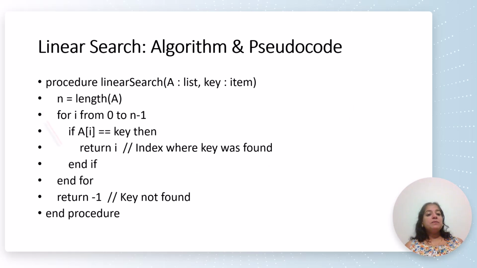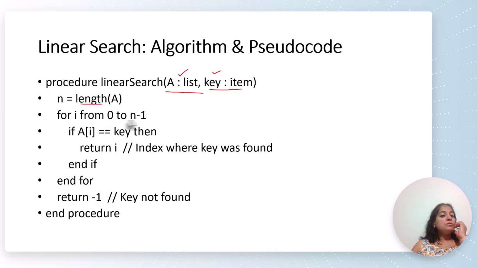The algorithm is simple. It takes two arguments. One is the list or array in which you want to find the element, and one is the key, the element which you want to find. n is the length of the list.